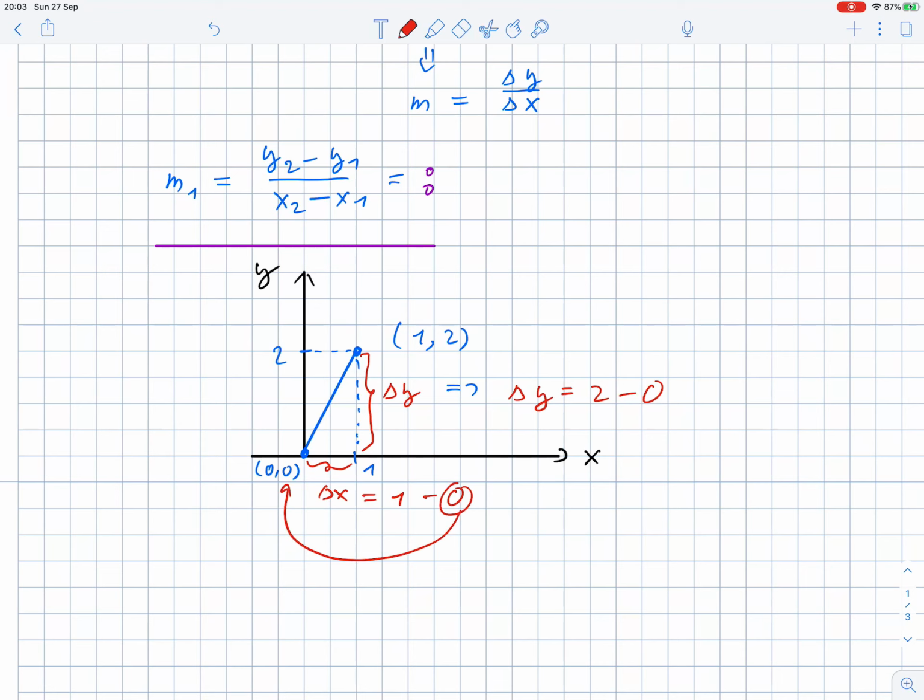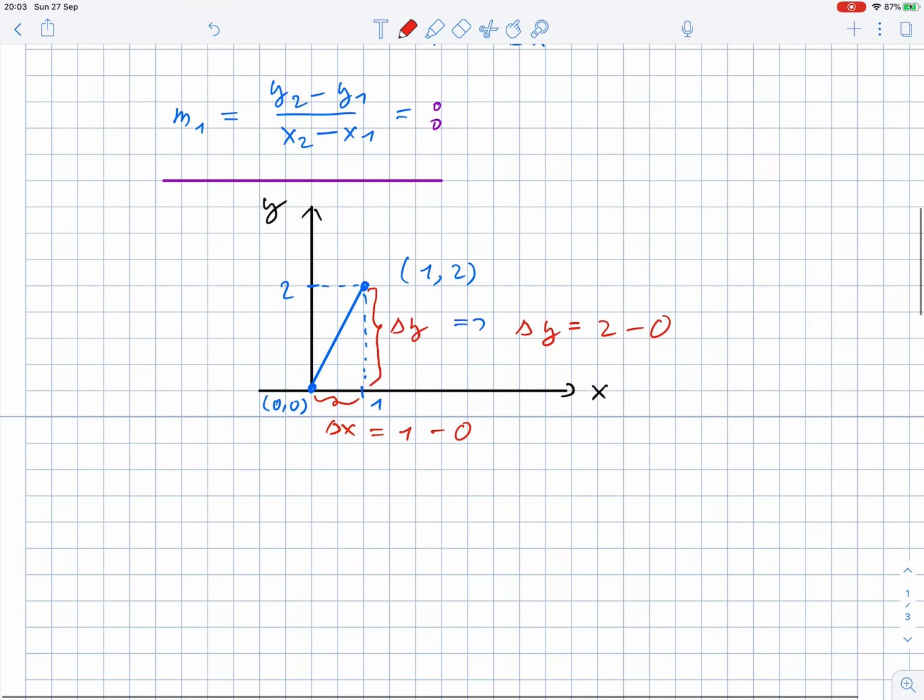Therefore m1 equals 2 minus 0 divided by 1 minus 0. We have the answer, which is 2. The ratio between those two coordinates is actually 2.